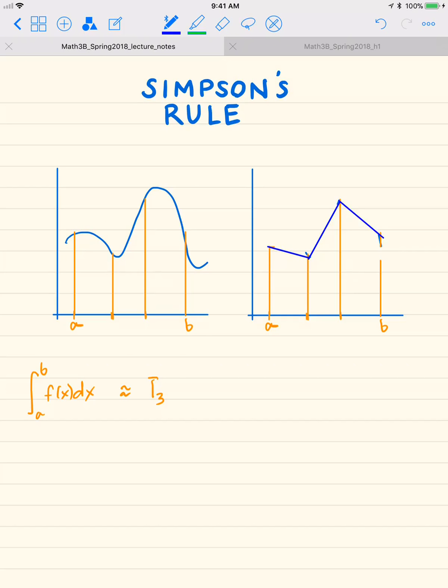Right? So does that make sense to you? In order to approximate the area under the curve, what we're doing is approximating the function.